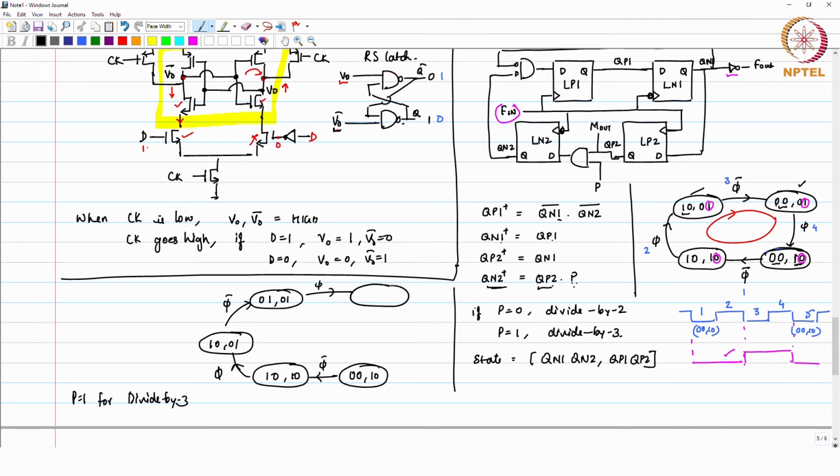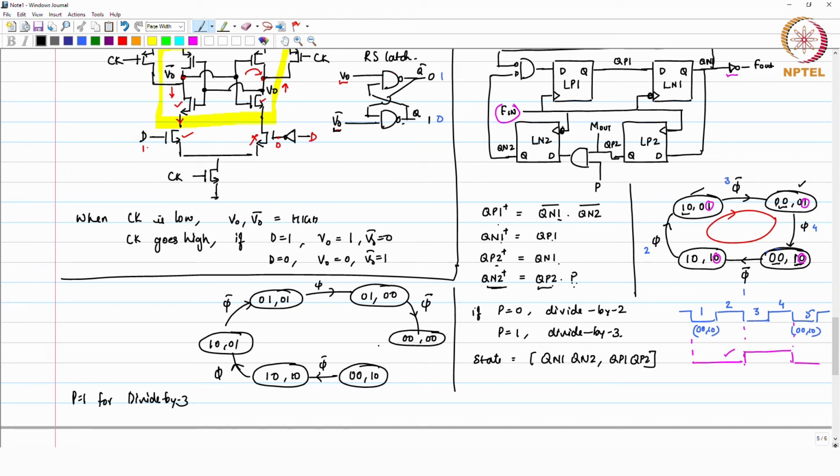So, rising edge of the clock Qn1 state remains same, QP1 is your Qn1. So, this is also going to be 0 and QP2 is Qn1 which is 0, right. Then you get falling edge on the clock. When you get falling edge on the clock, this remains 0 0, Qn2 is QP2.